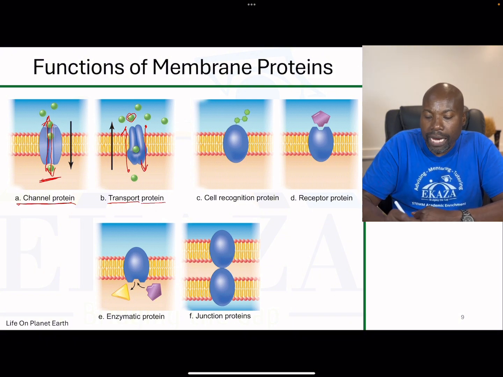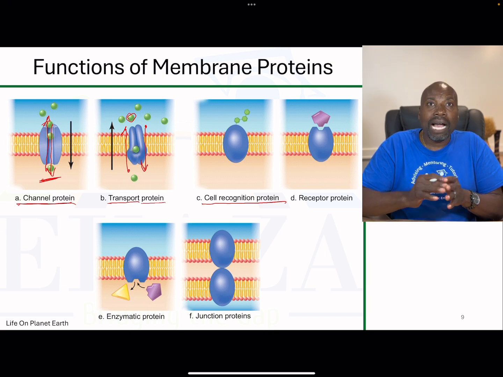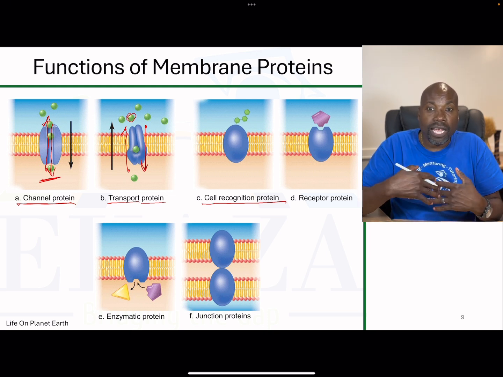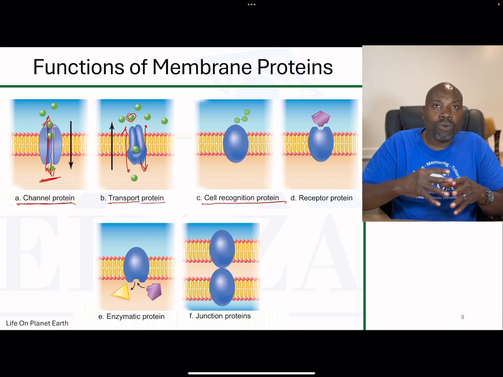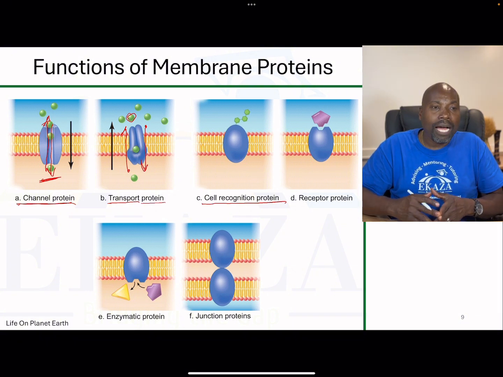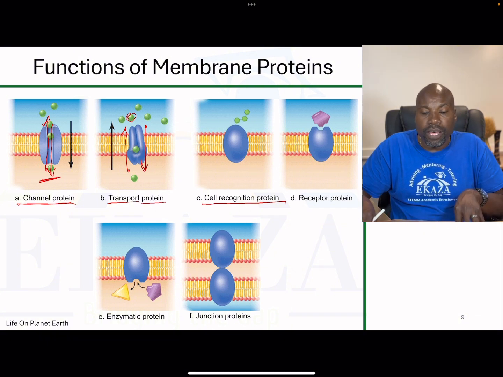Then we have the cell recognition proteins. These cell recognition proteins allow, for instance, our cells to recognize that they are in the right context. How does a white blood cell know that this is another white blood cell over there, and that this is a red blood cell over there, and that this is a liver cell over there?